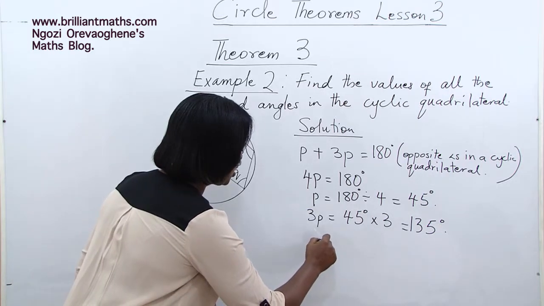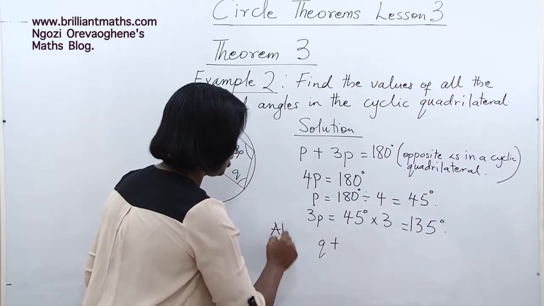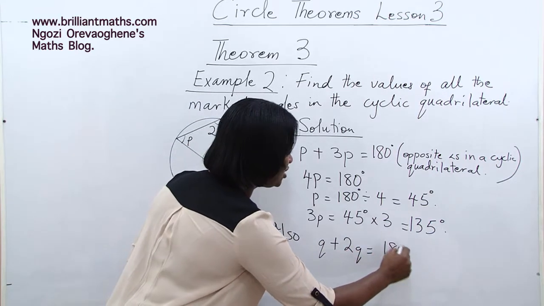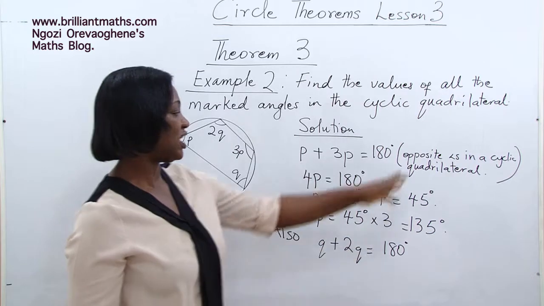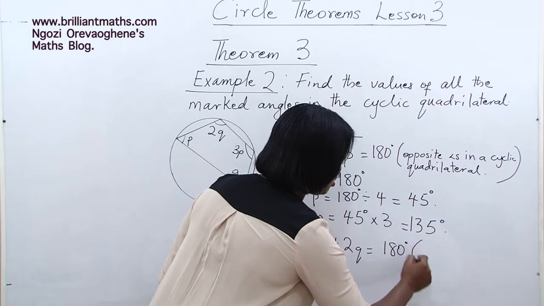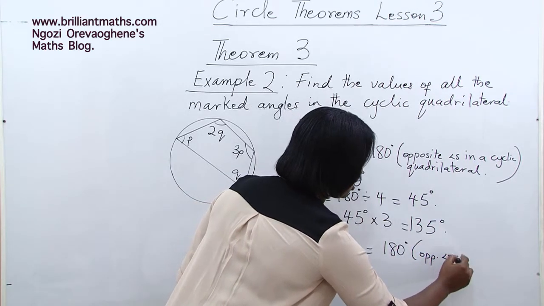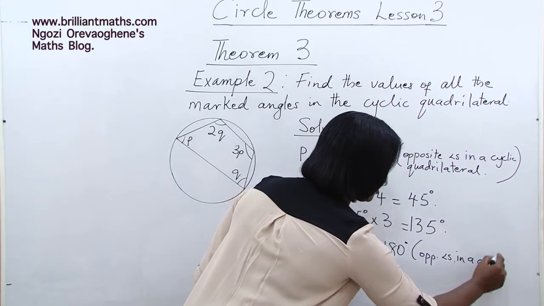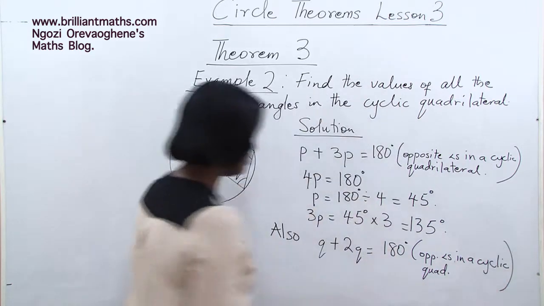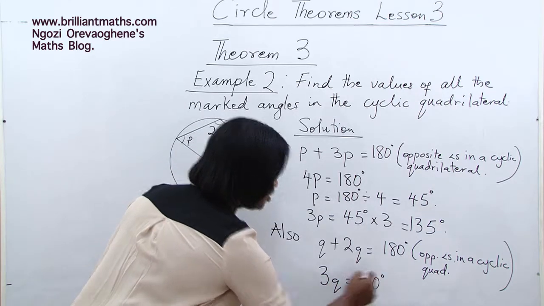We know that Q plus 2Q is equal to 180 degrees. Same reason as the first one. Opposite angles in a cyclic quadrilateral. So 3Q is equal to 180 degrees.